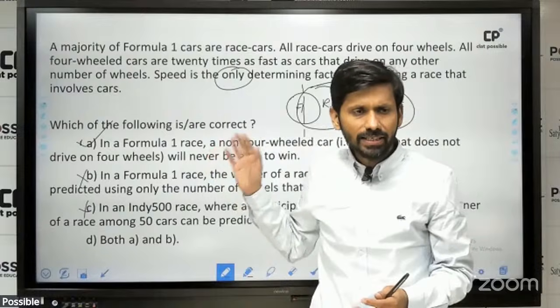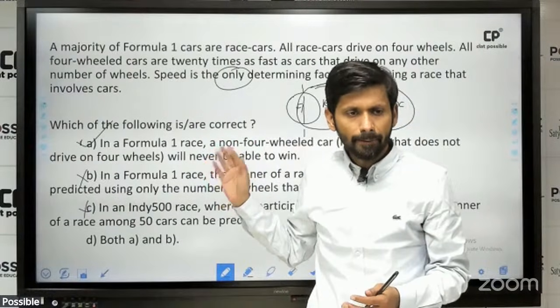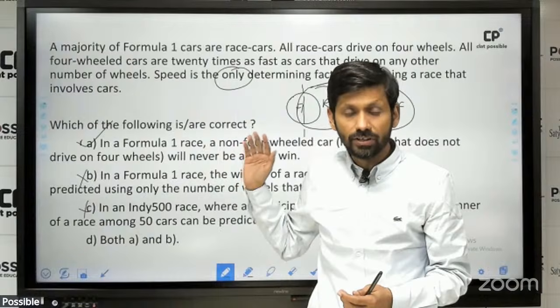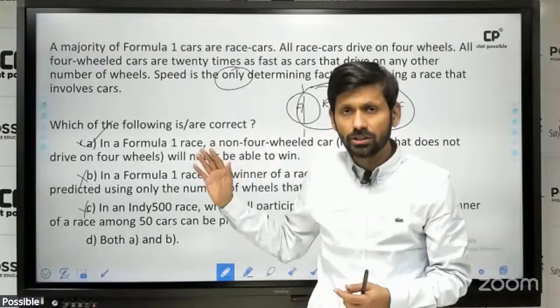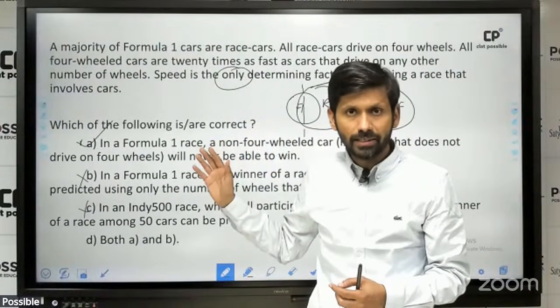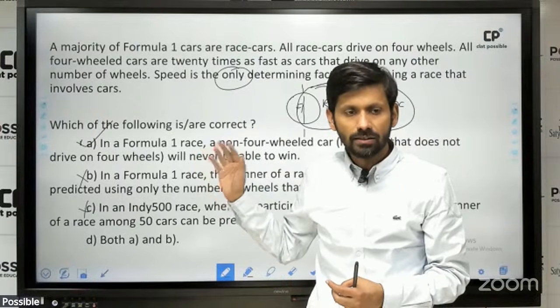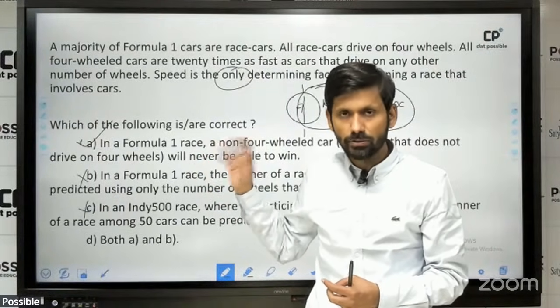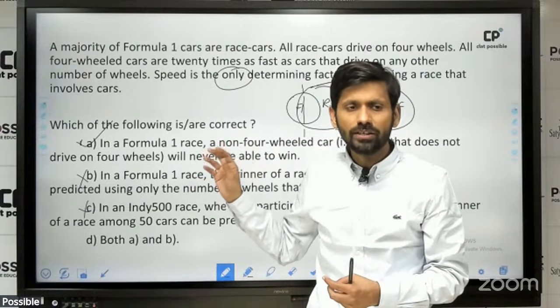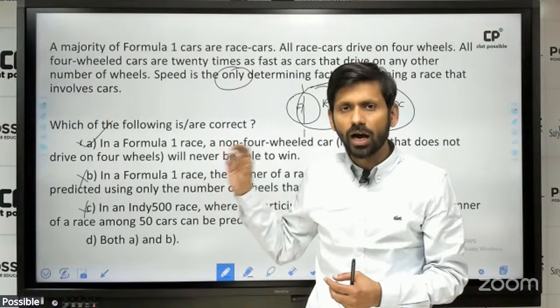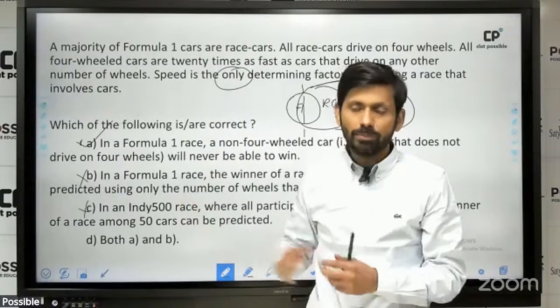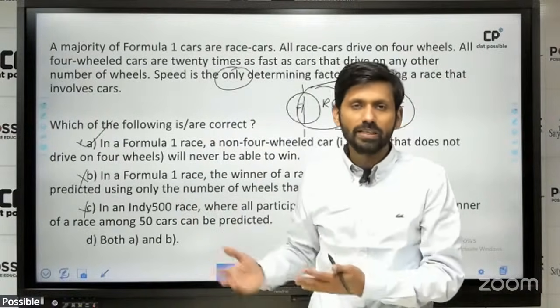So I think we'll keep it till here, okay? What we have done is we have discussed many questions, especially from the later AILETs 21, 22, even some from 23, 24, and 25. So this will give you some sense as to how these syllogism deductive questions are asked in AILET. The paper again could be very different from what we have done.